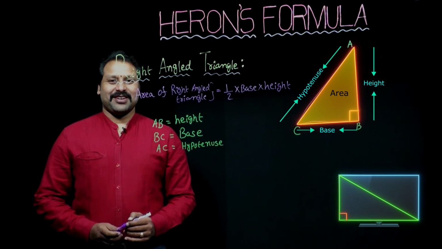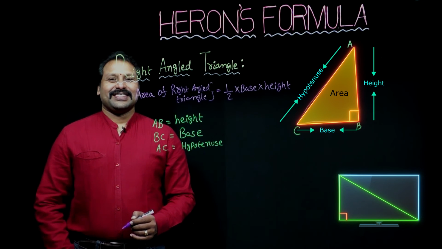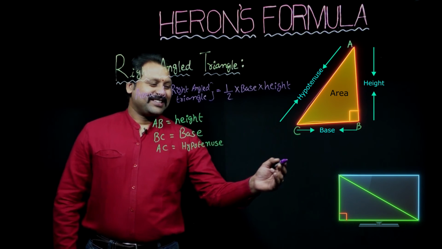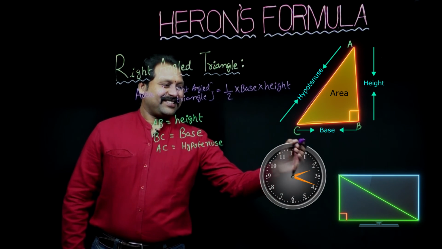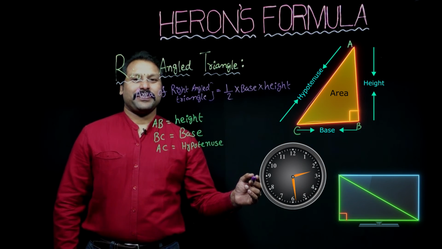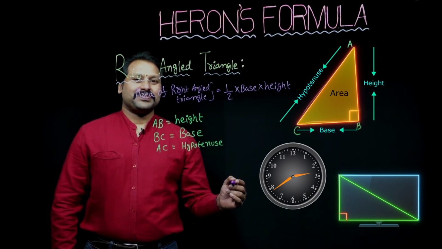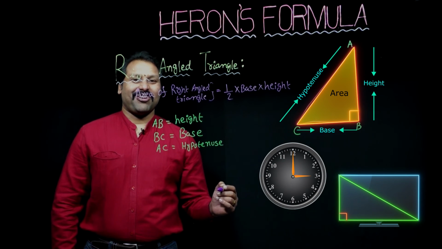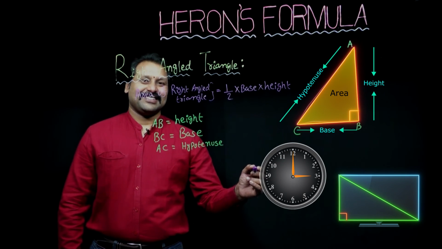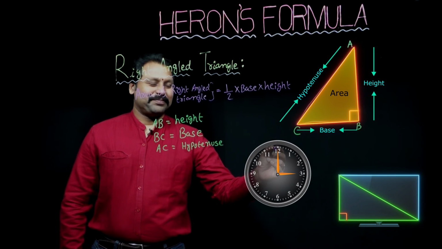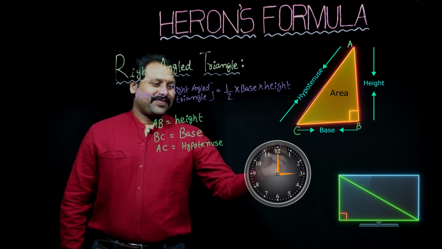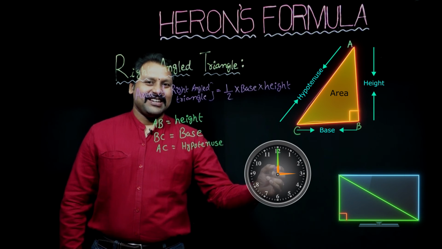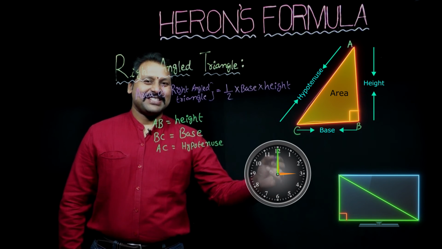Take one more example. Take a wall clock like this. Now, the time on the clock is 3 o'clock. Here, the big handle represents the vertical line.